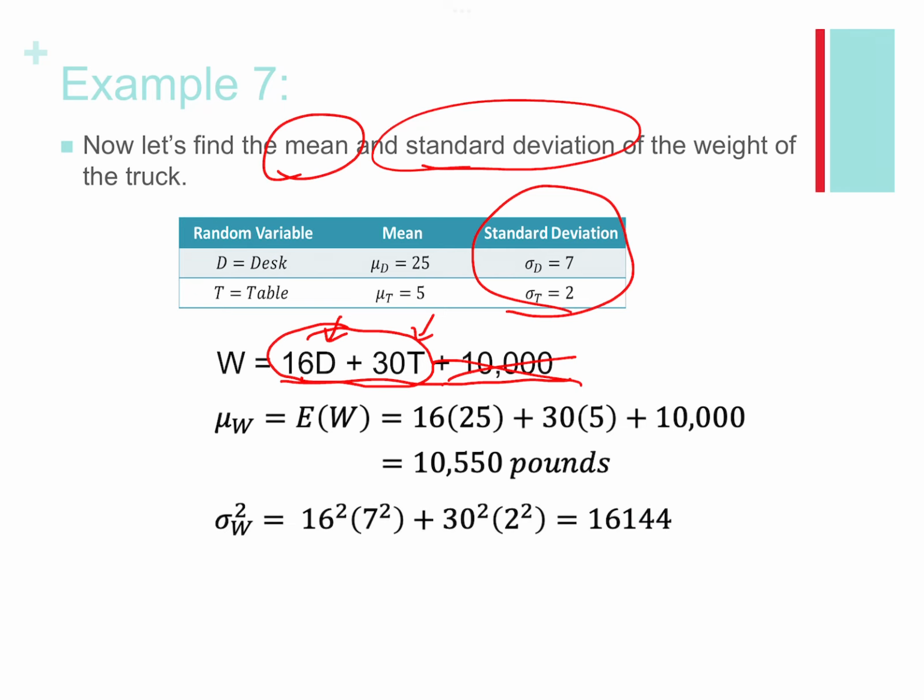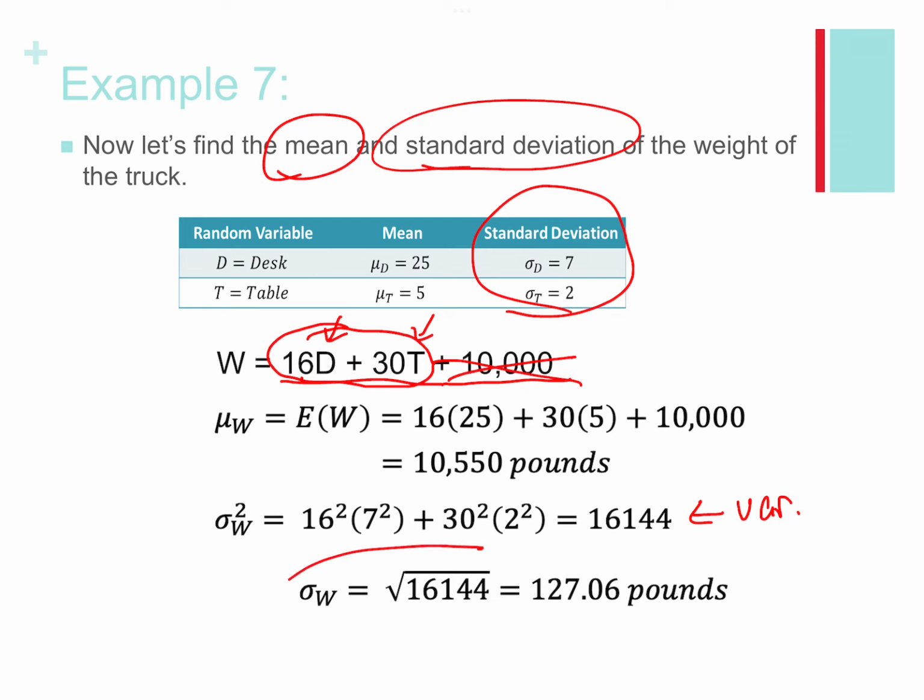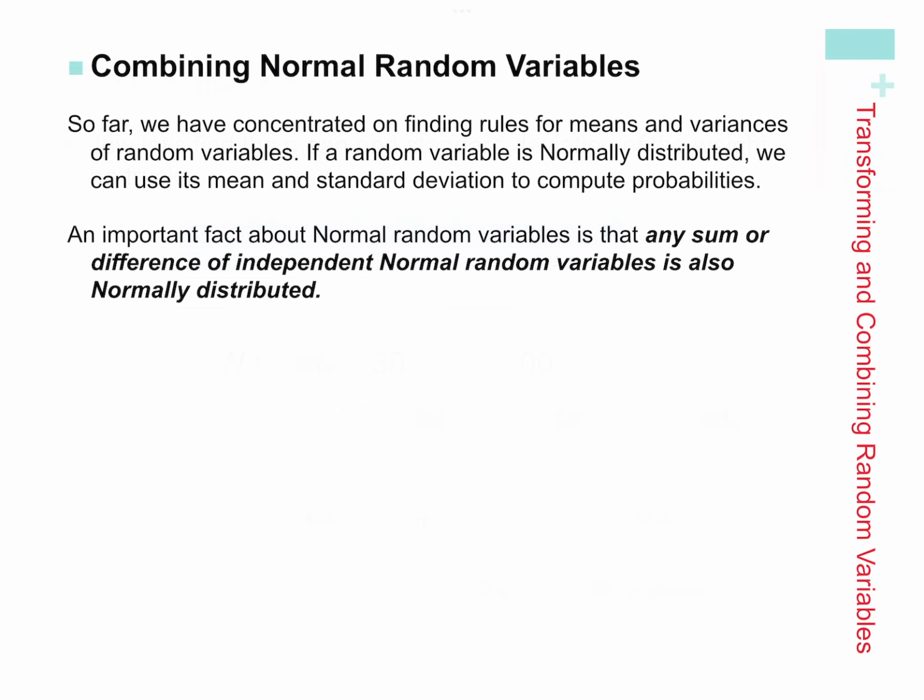So when we're doing our variances, you have to take the constant 16, square it, times our standard deviation 7 squared, plus 30 squared times 2 squared would give me 16,144. So this is our variance. Then square root it to get our standard deviation of 127.06 pounds. Okay, you might be asked to interpret and you might not.